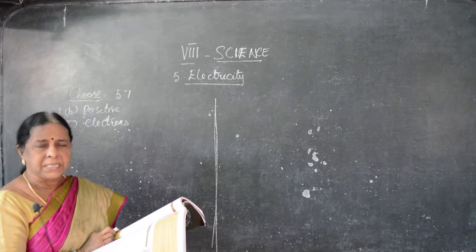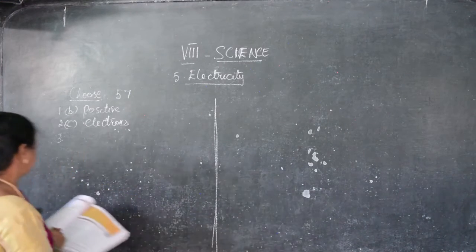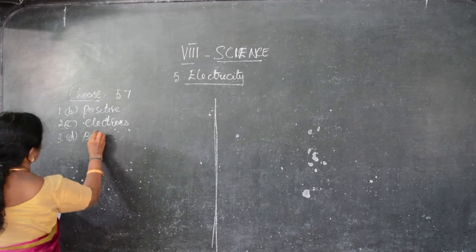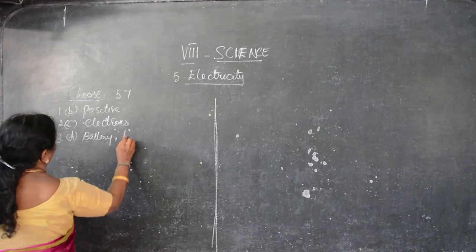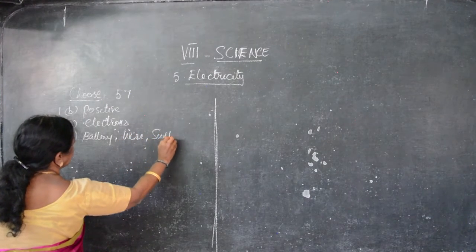The 4th option, that is D, is the correct one. Battery, wire, switch. D. Battery, wire, switch.